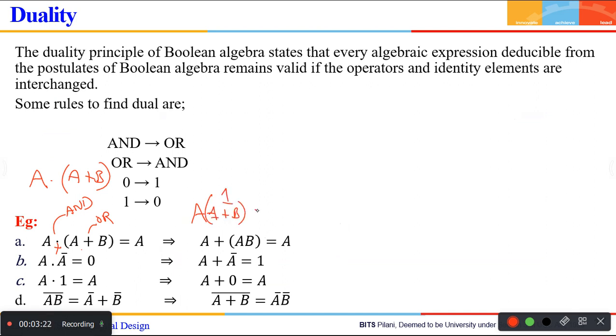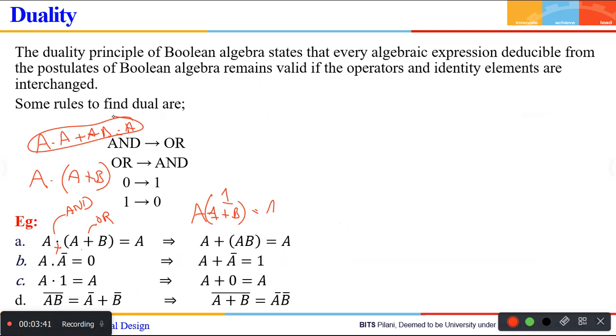This is going to be 1, so this is a, okay? Similarly, here also you have a into a plus ab, correct? You are going to get a, right? Duality has worked out here. Have you understood this duality, okay?